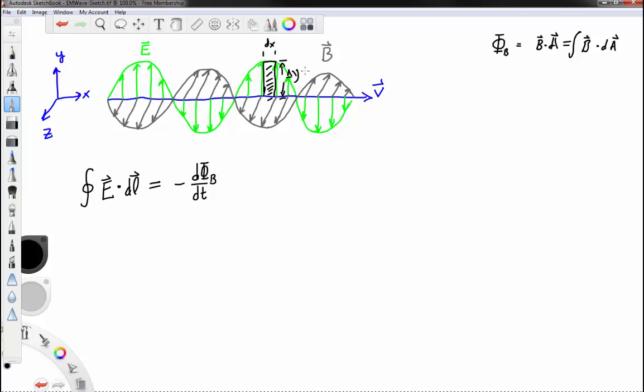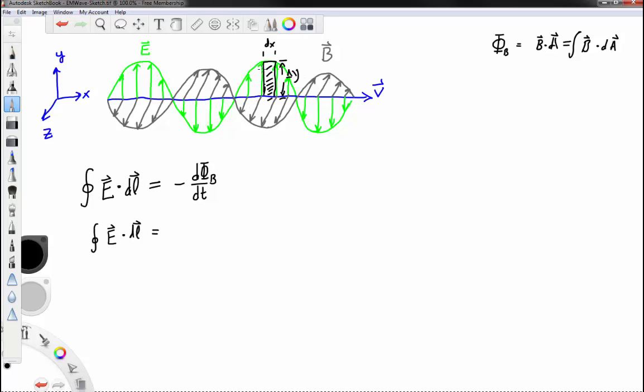Now, what is the integral E dot dl going to be? Well, because two sides of this are totally parallel to the electric field and two sides are perpendicular to this electric field, and because the electric field is not really varying along one side or another, we can write that this integral E dot dl is basically like a sum.